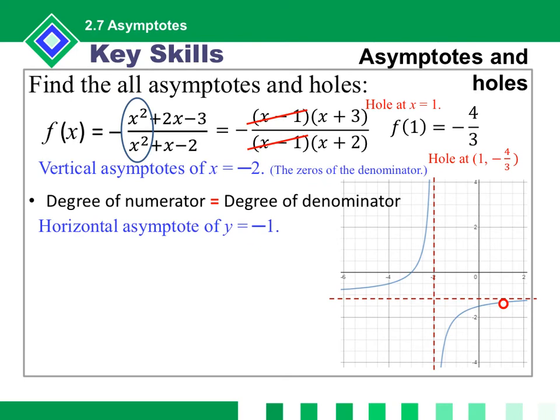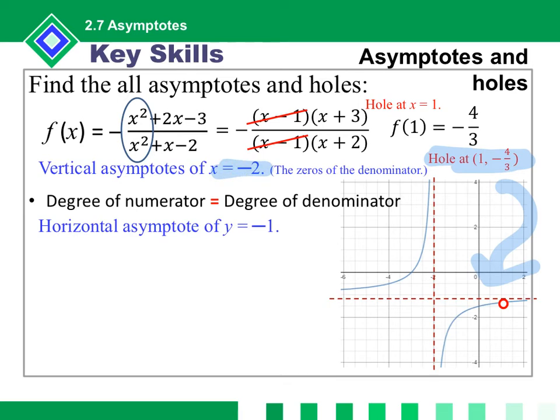Okay, the next one here. So here, again, we start by factoring out. So there is a hole at 1 because you can see there is a common factor. I plug in 1 into the simplified function and I get the specific location of the hole so that I can graph it. And then I write the vertical asymptote at -2.